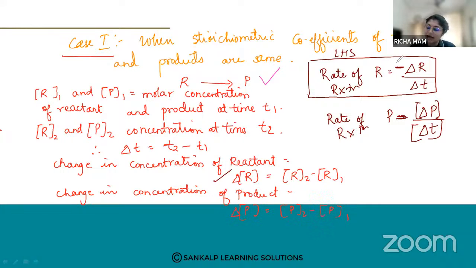So the rate of reaction is given as minus delta R, written in concentration, by delta T, with respect to time. The rate of reaction of product is delta of concentration of P upon delta T. This is the rate with respect to reactant and product.